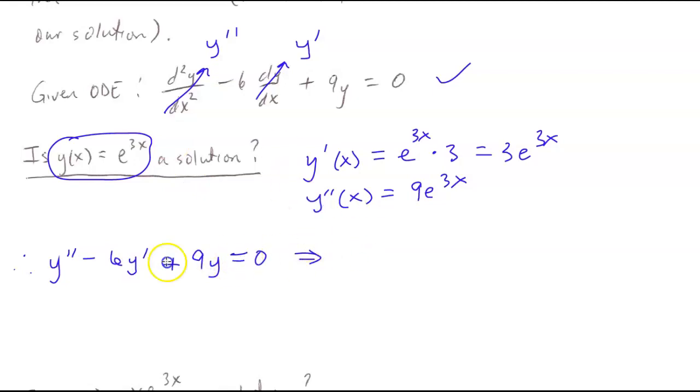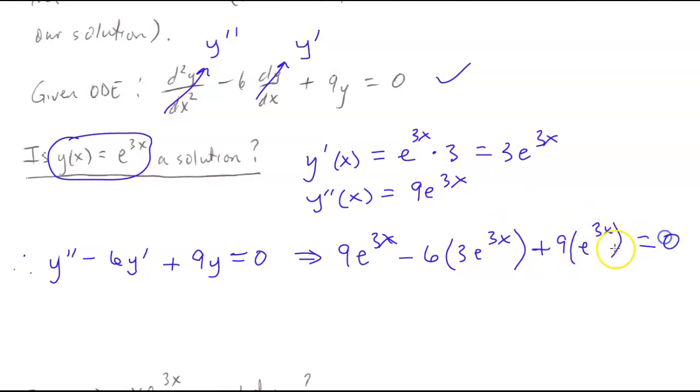And that implies here, second derivative, 9e raised to the 3x minus 6 times first derivative, 3 times e raised to the 3x, and then plus 9 times e raised to the 3x, and that equals 0.